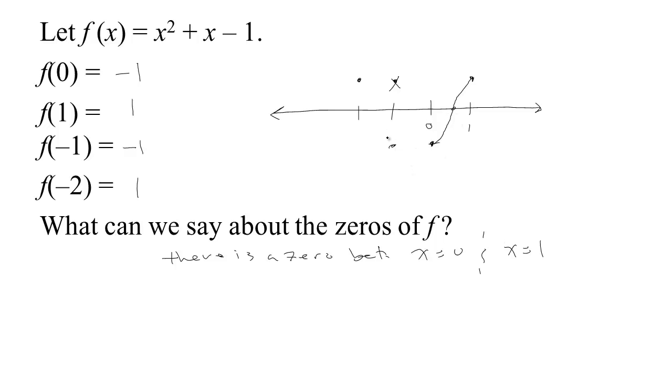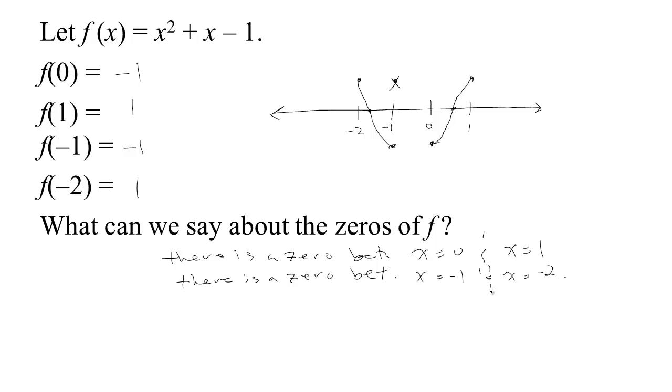We also know, because it's a continuous function, and it's below the x-axis at negative 1, but above the x-axis at negative 2, that somewhere between negative 1 and negative 2, it has to cross the x-axis. So we also know there is a 0 between x equals negative 1 and x equals negative 2.